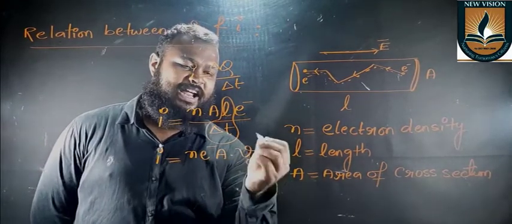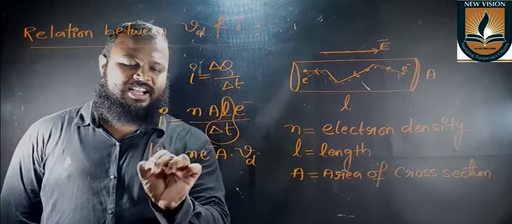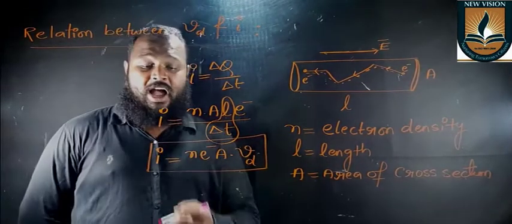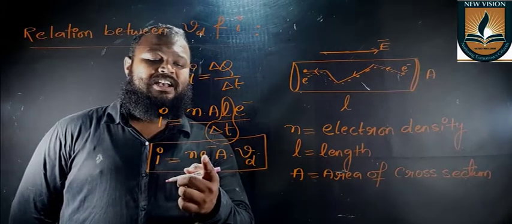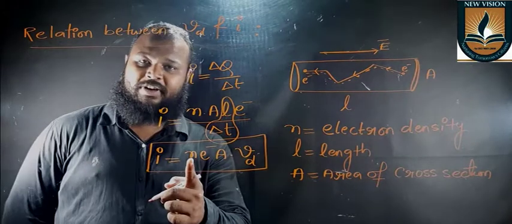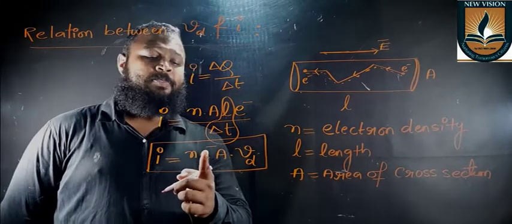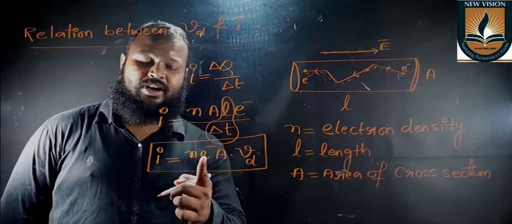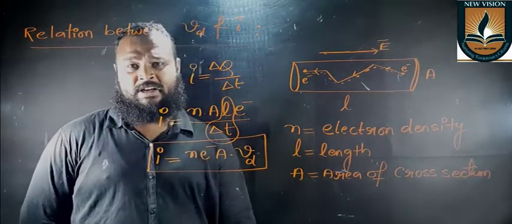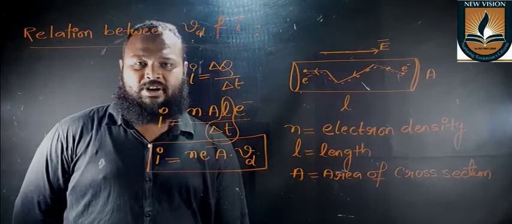So this is neAVd. The relation between electric current and drift velocity is I = neAVd, where n is the number of free electrons per unit volume, e is the charge of the electron, A is the area of cross section and Vd is the drift velocity.